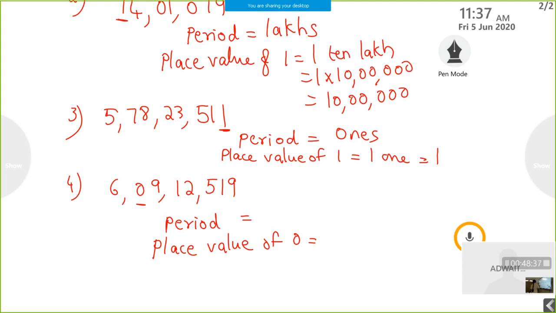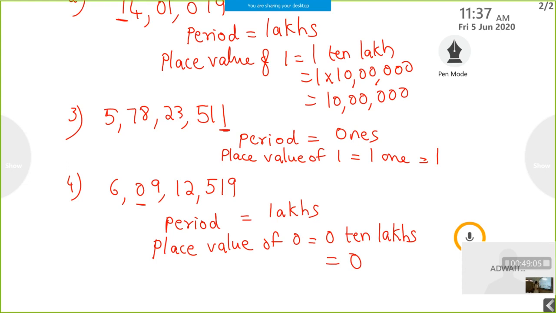Question number 4, 0 belongs to which period? It belongs to lakhs period. And what is the place value of 0? Remember, place value of 0 at any place is 0. But when you write in words, it is 0 ten lakhs. You can write it as 0 ten lakhs, or simply 0 is also correct. 0 into 10 lakh is 0.